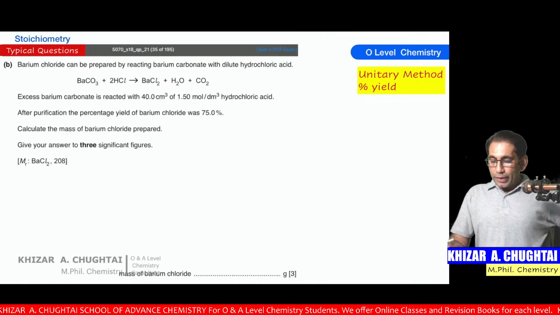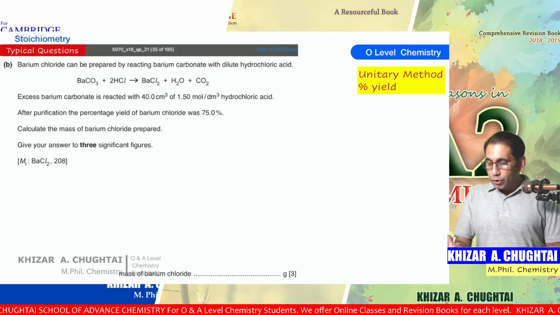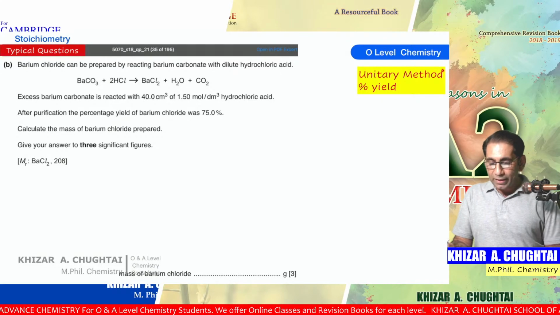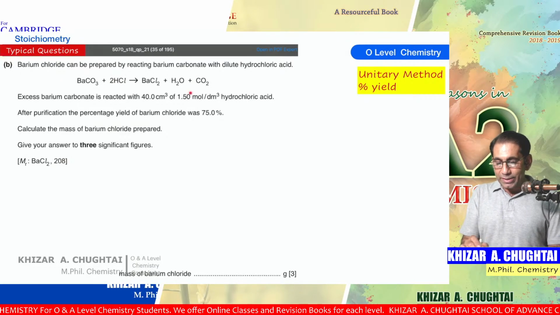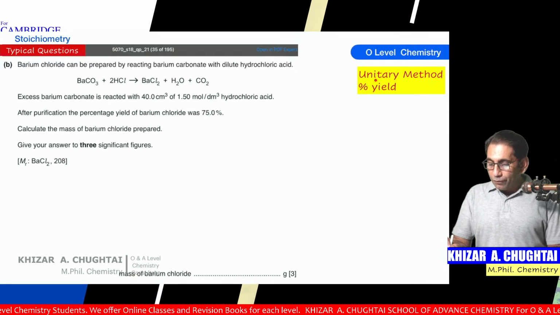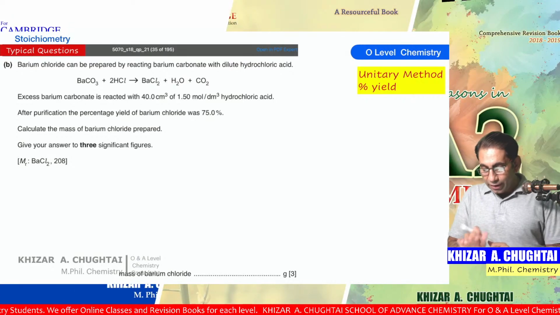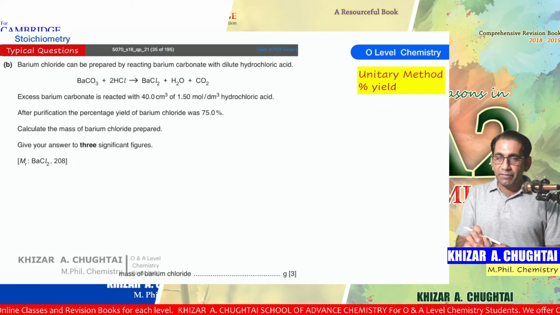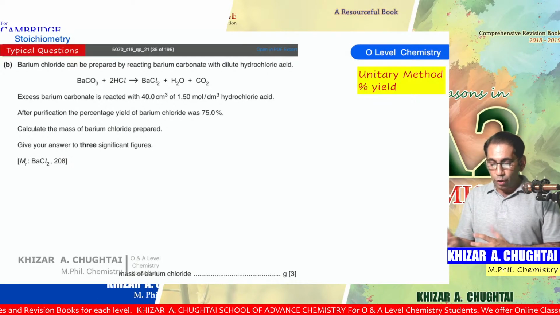Okay, so in this case, basically two formulas are applicable in this question. Number one, the unitary method, because here there is a balanced chemical equation. And the second formula is the percentage yield, which is 75.0%.